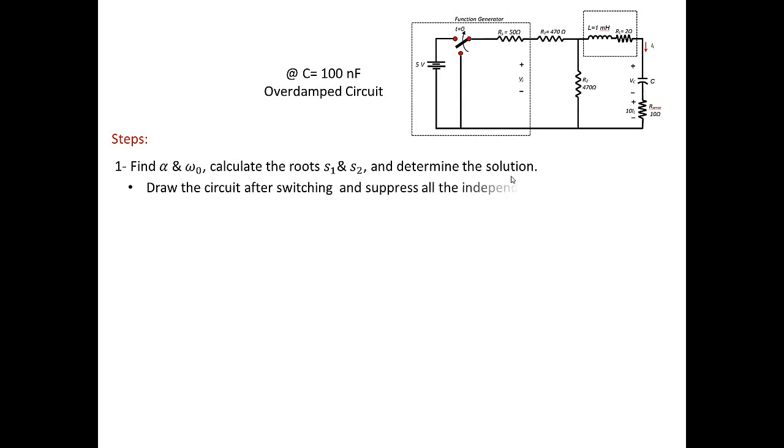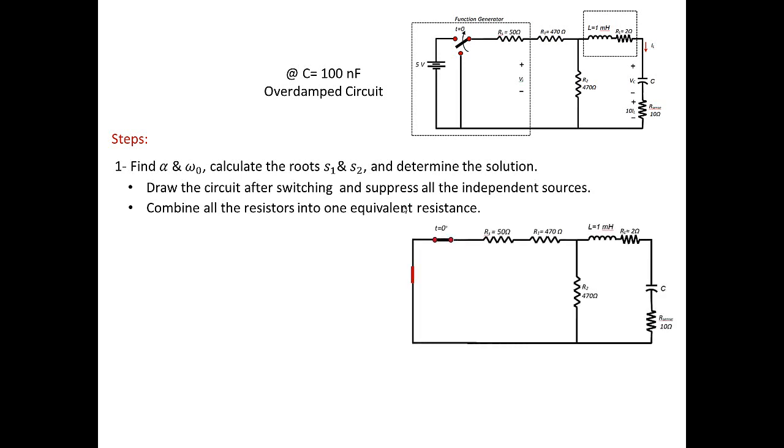The first thing we're going to do is draw the circuit right after switching and suppress all the independent sources. Then we're going to combine all the resistors into one equivalent resistance. It is crucially important to have one equivalent resistance, one equivalent inductor, and one equivalent capacitance to use the steps that we are applying here.